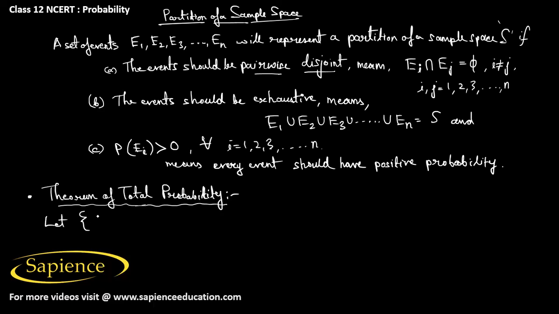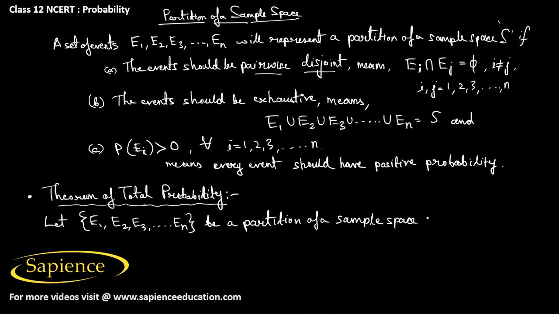Let's suppose we have n events, E1, E2, E3 till En, such that this set of events is a partition of the sample space S.